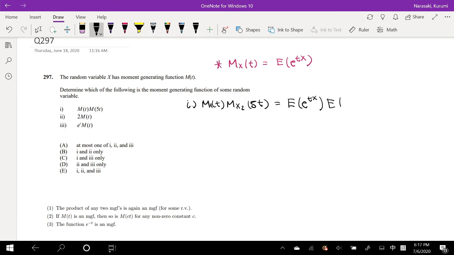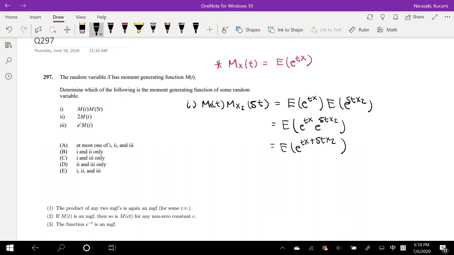Correct? But this can also be simplified to the expected value of e to the t X1 times e to the 5t X2, assuming independence, which is also equal to the expected value of e to the t X1 plus 5t X2, right?